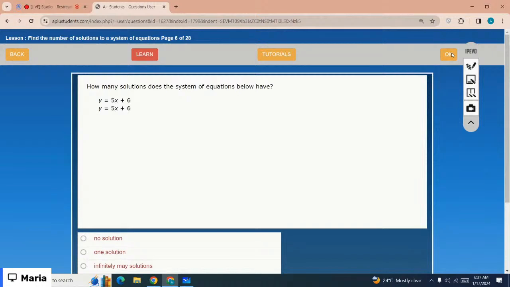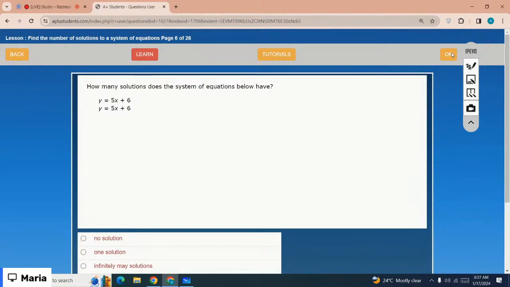Okay, how many solutions does the system of equations below have? The equations are exactly same, right?